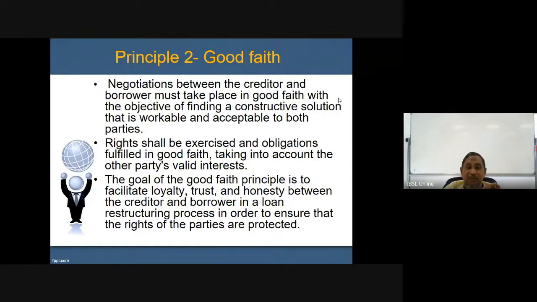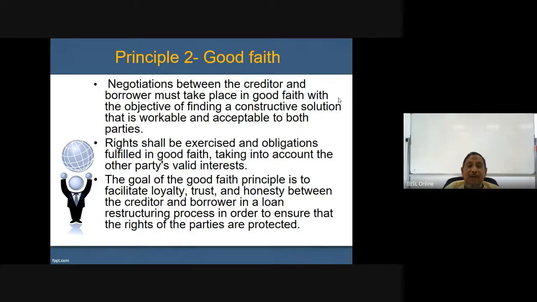Rights shall be exercised and obligations fulfilled in good faith, taking into account the other party's valid interest, maintaining others' interest. Rights and obligations have to be exercised, but the other party's interest must also be considered.